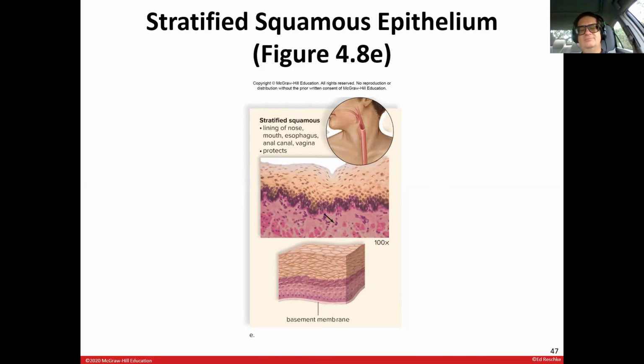Anal canal, kind of disgusting, but you're pooping out the poo, you're getting rid of the feces, they're rubbing on the wall as they go by. Right. Vagina. If someone is sexually active, there's probably some rubbing and abrasion going on there. Again, stratified squamous, it's abrasion resistant.